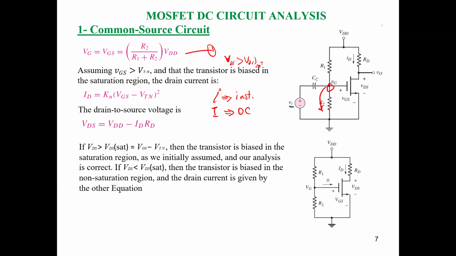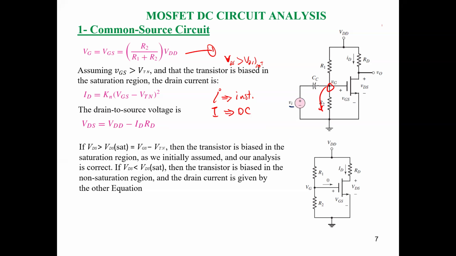But in the case of DC analysis, we are going to make a superposition. Superposition means we will only analyze the DC signal part, which means all AC components will not be considered. For that, we have a capacitor here.